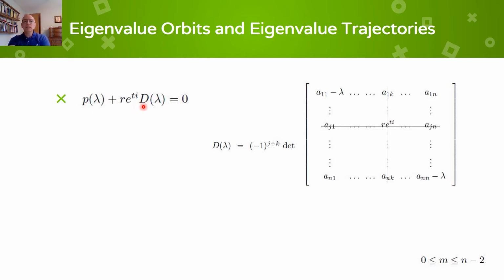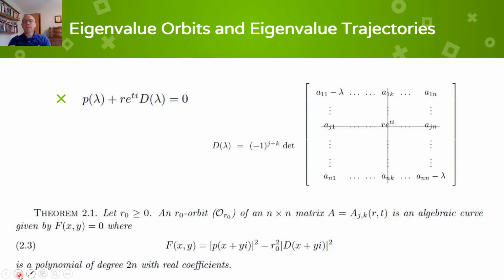D of lambda will be of smaller degree. I'll call it m. And what we know is that m will be less than or equal to n minus 2. So my first theorem is that, using this form, we get an equation of our algebraic curve. It's a polynomial of degree 2n that is the equation of the eigenvalue orbit.